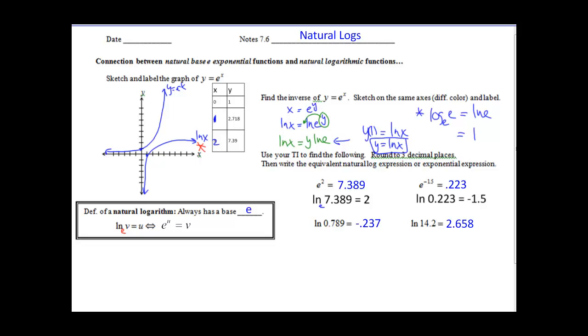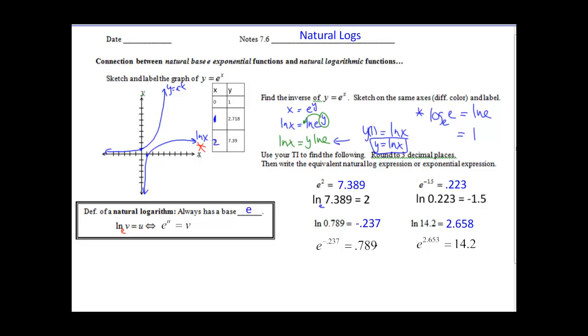If we go backwards and rewrite these now with base e, we have e to the negative 0.237 equals 0.789, and e to the 2.658 equals 14.2.